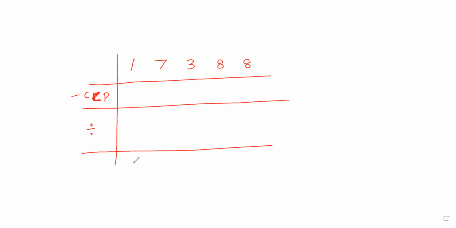In this case, we are writing the quotient here: 17388 divided by 23. Now what we are doing here, we are writing 2 and flag 3. So now 2 will be our divisor and 3 will be our flag digit.